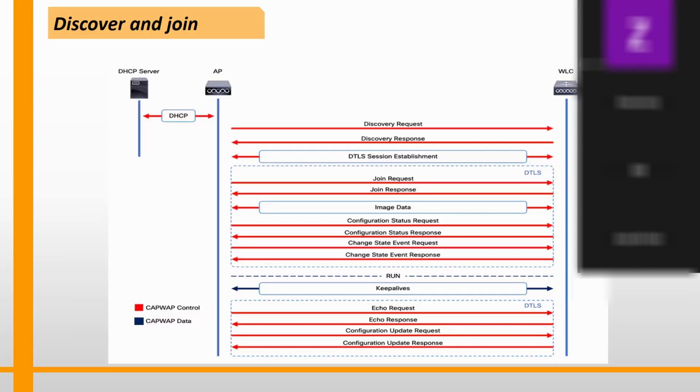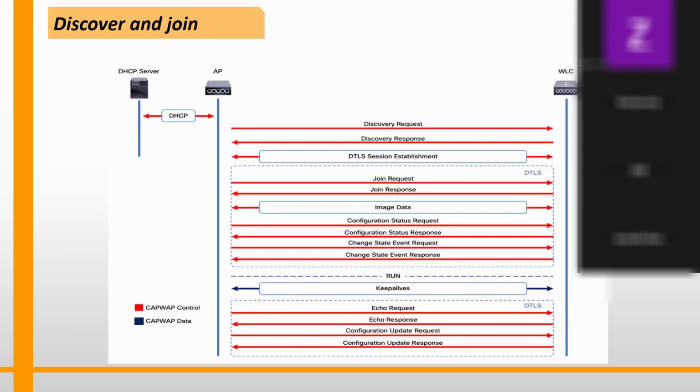Then the DTLS establishment happens at the join process. This is what we witnessed in yesterday's session. Once the DTLS session is established, the join request is sent, then join response, then image data, the configuration status request, then it will send a response. Then you can see change state event request, change state event response. Then it goes into the run phase. If you remember, we saw that's the last phase.